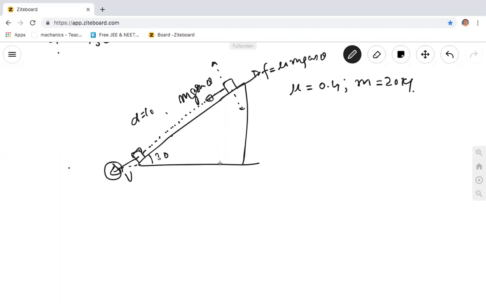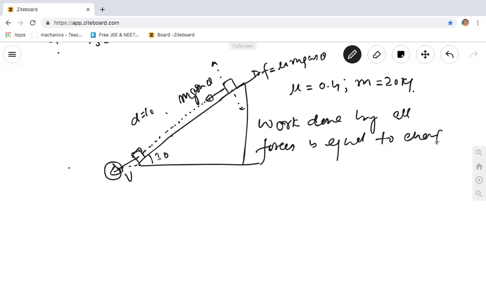Okay. I will write a single equation and I will see whether you understand or not.